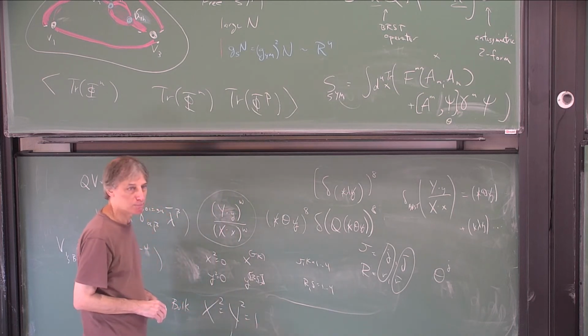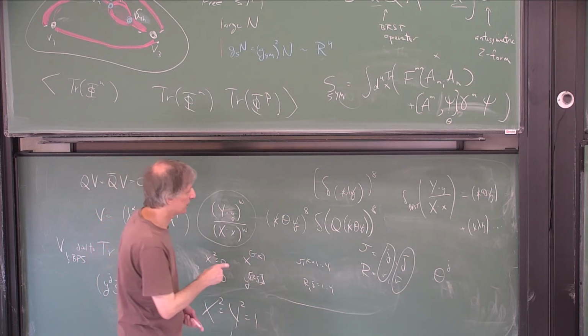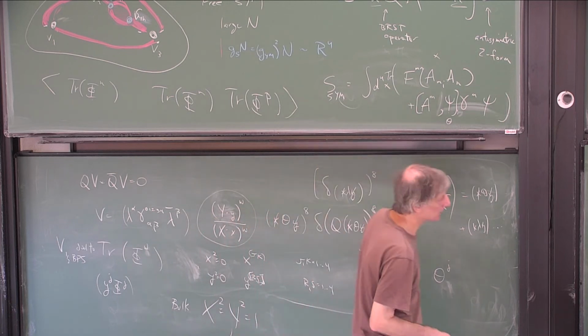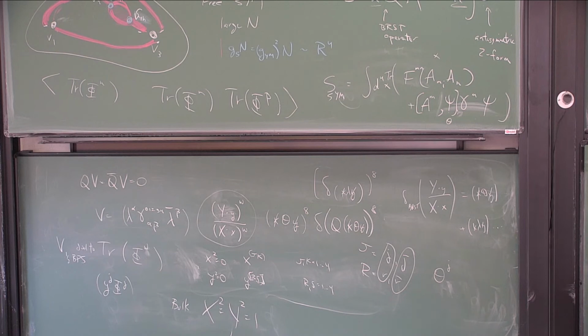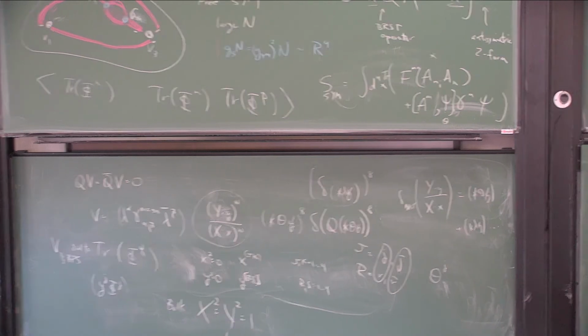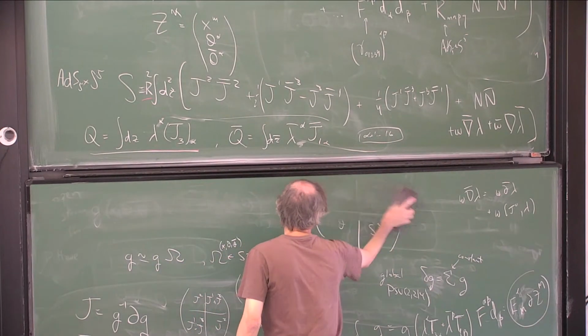So this delta is a Kronecker delta or is a delta function? I'll tell you what it means in a second. It's delta in the sense of Friedan-Martinec-Shenker. You think of bosonizing the lambda.